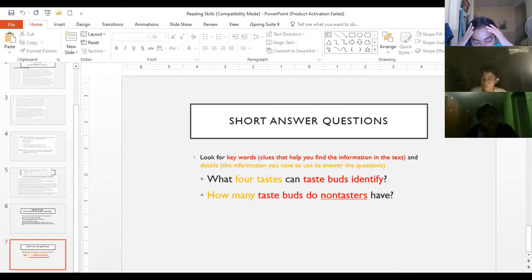So number 1, we know keywords and we know details. What paragraph can you get the answers to this one from? Paragraph number 2. So the answers are sour, bitter, salty, sweet.